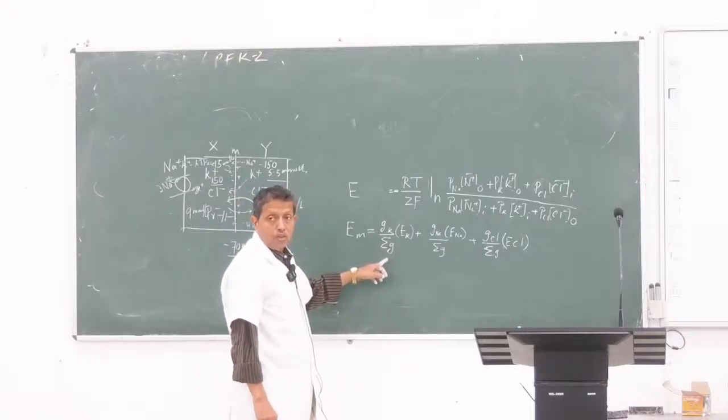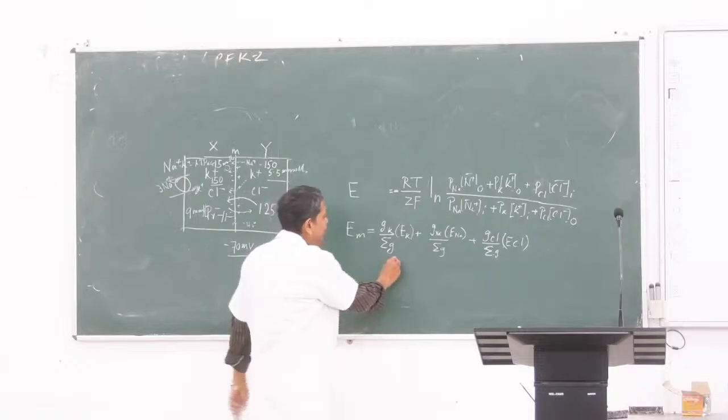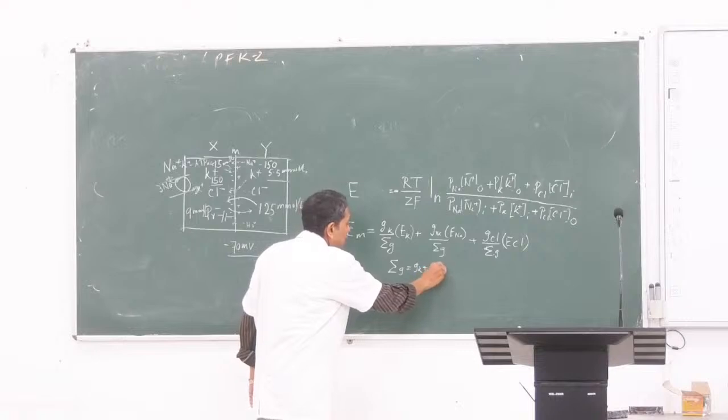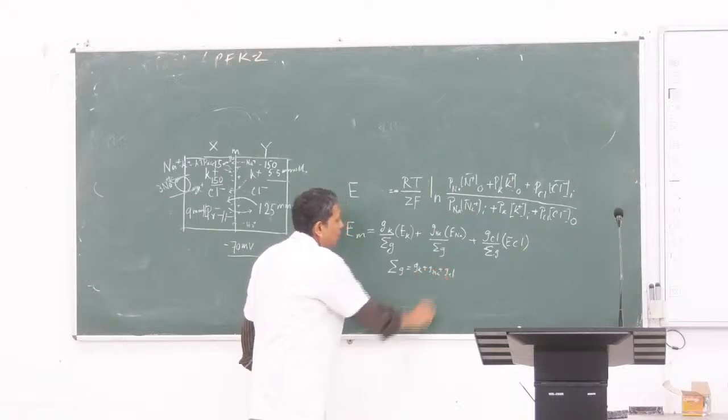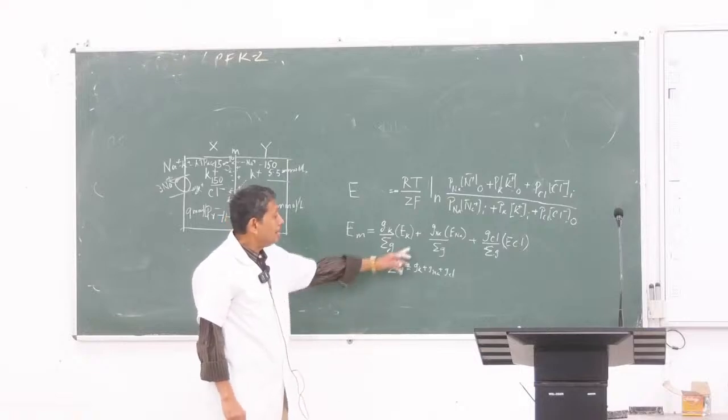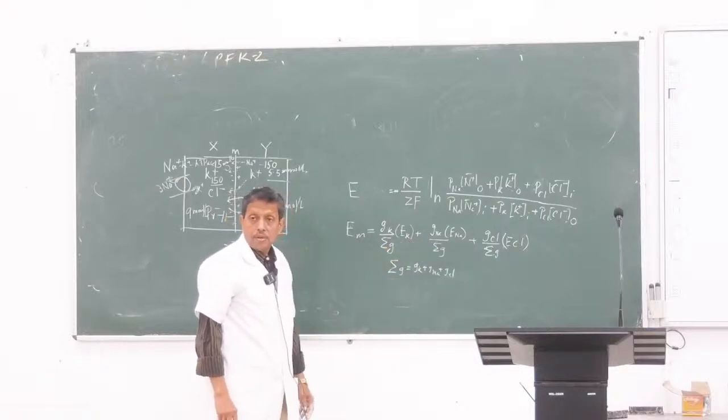The denominator is the sum of the conductances, GK plus GNa plus GCl. It is a weighted average of their electric potentials.